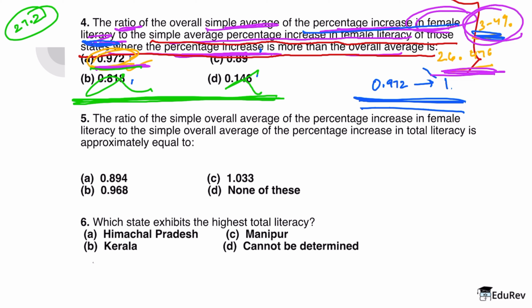Okay. So let me work with option C here. C is 0.89. So if I feel that 0.89 is correct, then what is happening here? Then the average percentage change in female literacy in the 5 states which we originally mentioned is how much more than 26.476?